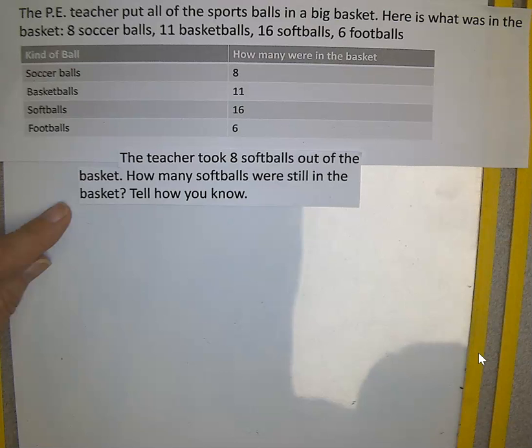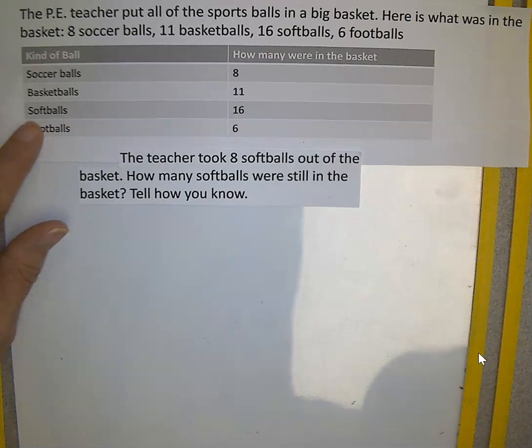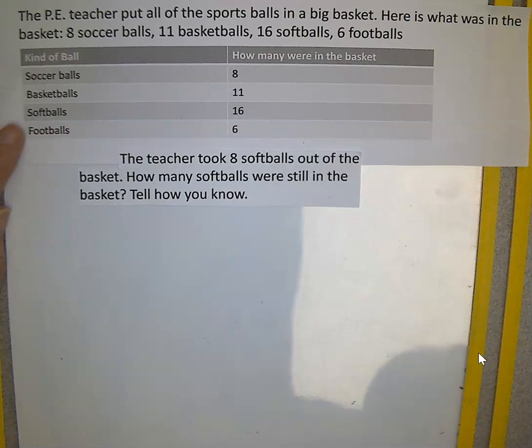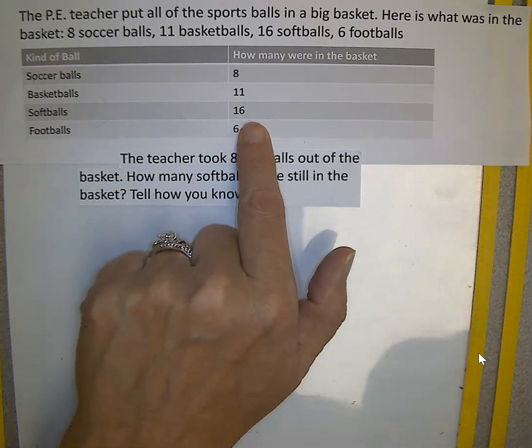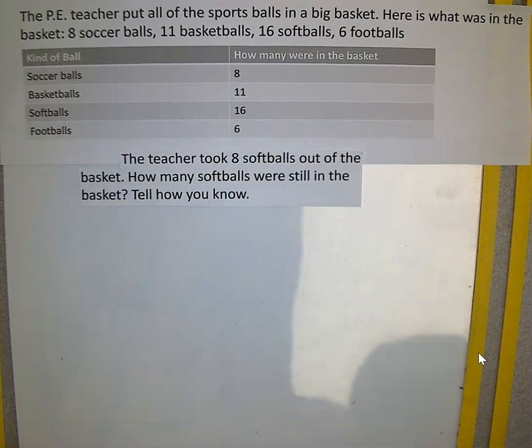What kind of ball are we talking about? That's right, we are looking at softballs. So let's look and see what we know about softballs from our chart. What do we know? That's right, we know that there were 16 softballs in the basket.